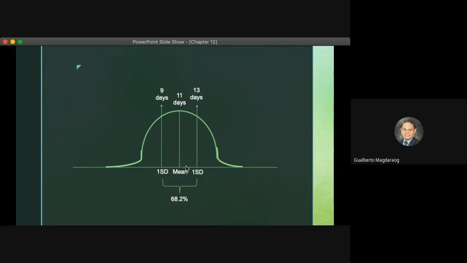That is one standard deviation from the mean. So since we have positive 1 here and negative 1 here, that is equivalent to 0.341 on the right side and 0.341 on the left side, for a total of 68.2%.